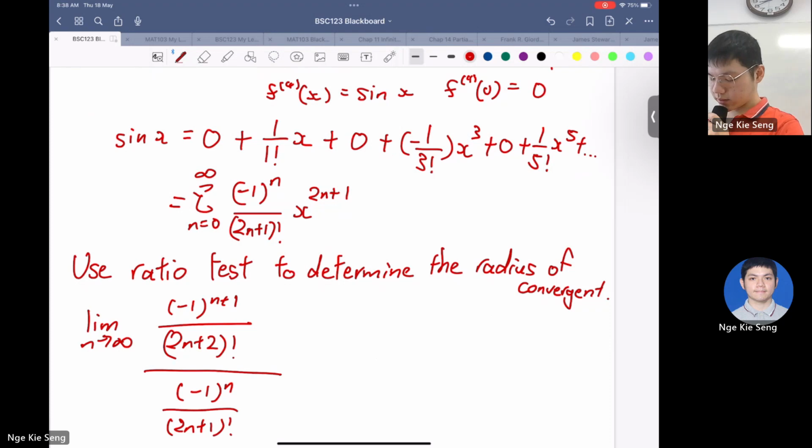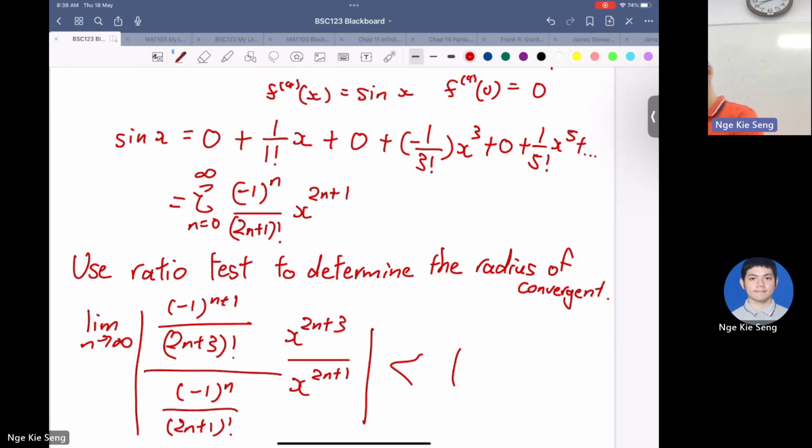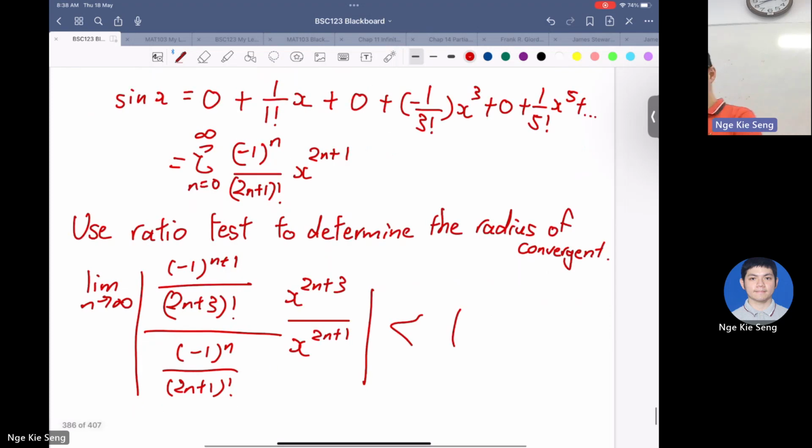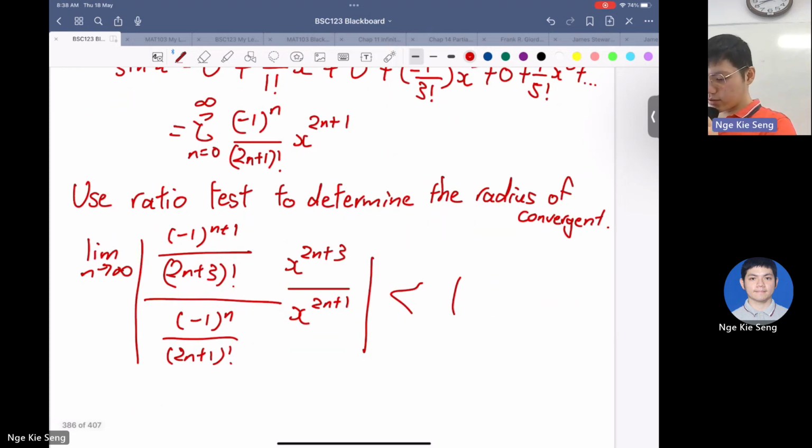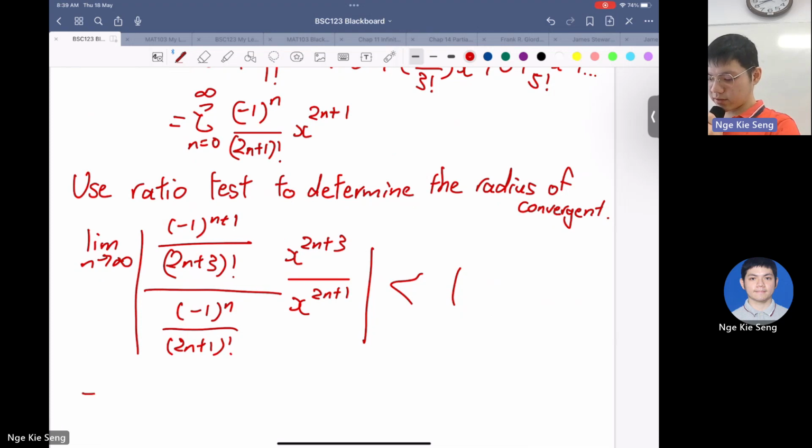The factorial is 2n plus 3, over x to the 2n plus 1. We want to make sure this number is less than 1. Within the modulus, we can really just get rid of the minus 1.